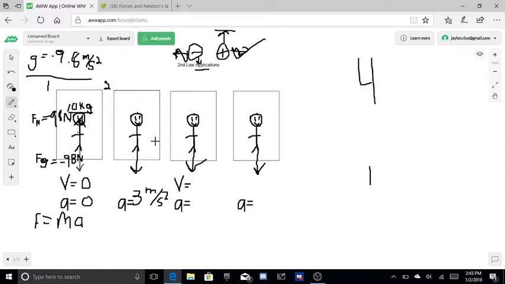So here, if we want to find the normal force of our person at stage 2, we know that the F net has to be greater than the force of gravity.